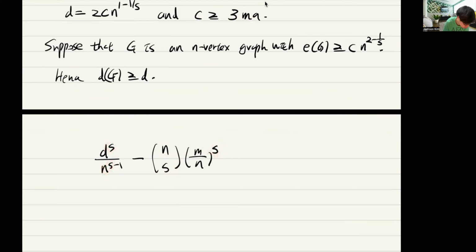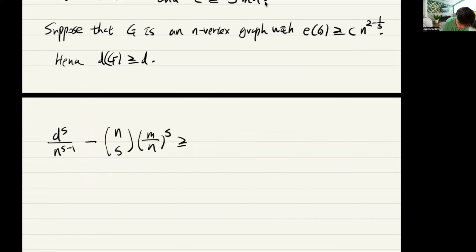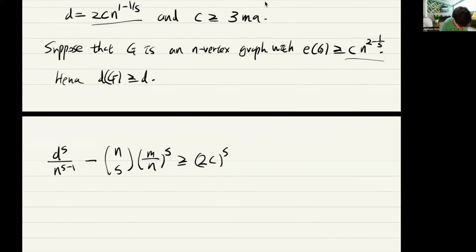And this was chosen accordingly. Based on our choice, if you plug this in here, this is bigger than 2S to C to the S, and this is lower bounded by n to the S divided by S factorial.